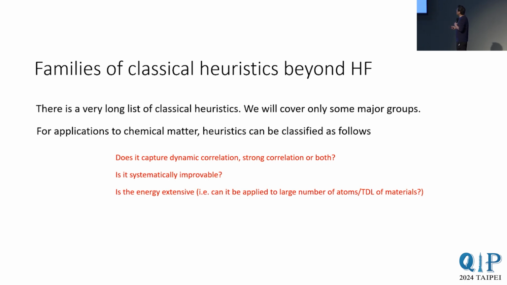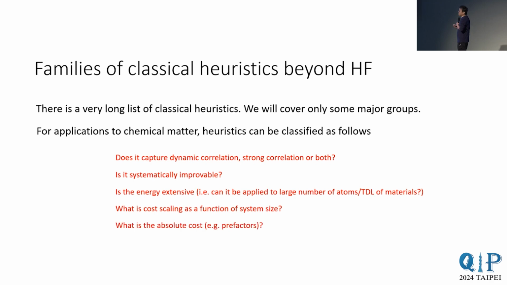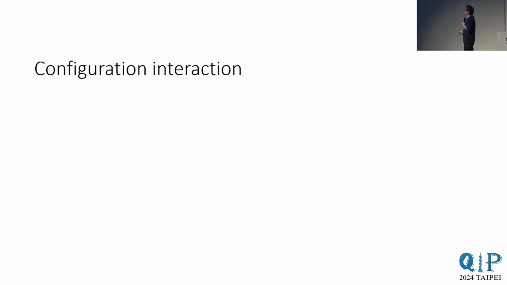This is a prerequisite for treating very large problems because extensivity of the energy is a basic physical phenomenon in thermodynamics when you get to larger systems. And closely related to that is how the cost scales as a function of system size. What are the prefactors? And can it be used with very complicated Hamiltonians, or does it require the interactions to be very simple? Okay, so like I said, I'll go quite quickly through this laundry list.